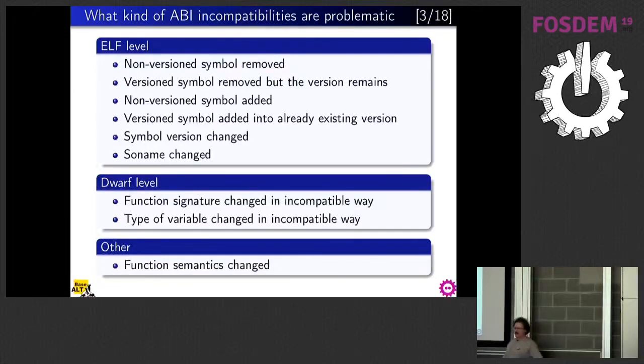And all other kinds of ABI incompatibilities that don't reflect on the ELF or DWARF level, just when semantics changes. For example, there used to be a memcpy implementation in GNU libc that was working like memmove on traditional architectures, and then it was changed because it wasn't fast enough, and it wasn't formally a part of the ABI contract.